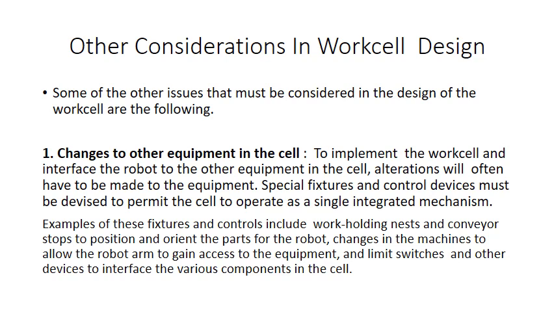Other considerations in workcell design. Some of the other issues that must be considered in the design of the workcell are the following. One, changes to other equipment in the cell. To implement the workcell and interface the robot to the other equipment in the cell, alterations will often have to be made to the equipment.